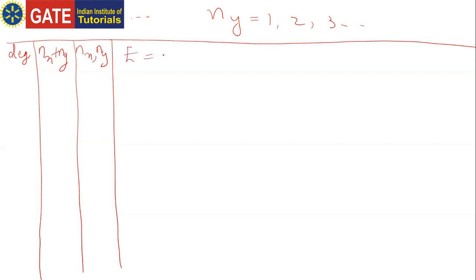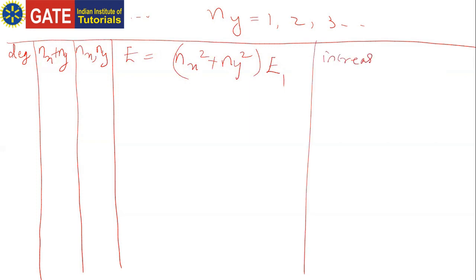Next, E equal to nx square plus ny square into E1, in increasing order, psi nx ny.